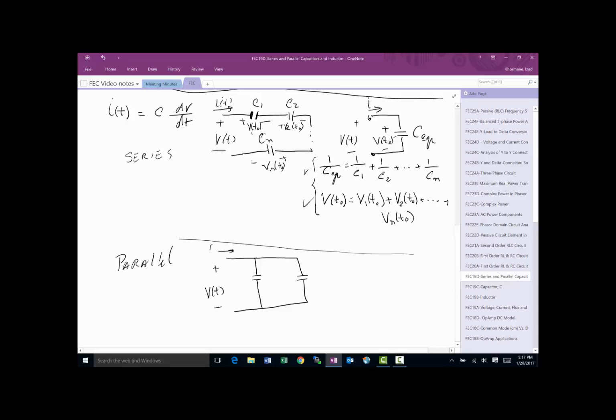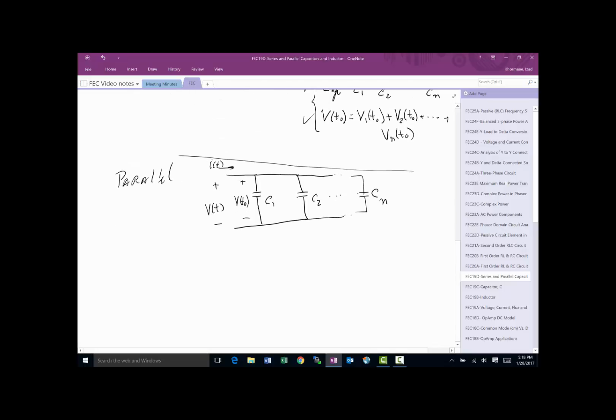That voltage creates an I of t, and now you'll have n of these connected, and at some point you will have one last one, so you will have Cn, C2, C1, and as you can see these are in parallel. So if I know the initial condition for one of them, then I know the initial condition for all, because they have to be the same.